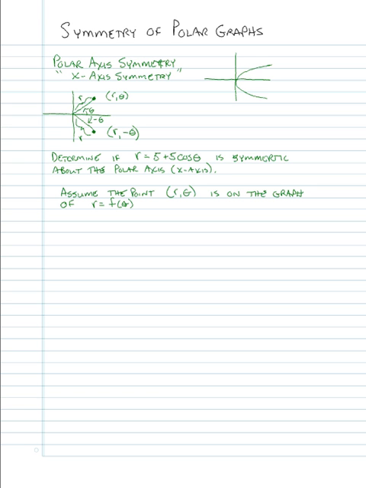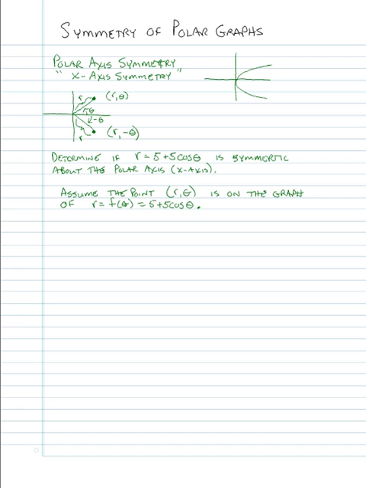Well, in this case, I guess I already had said 5 plus 5 times cosine theta is what we have. So that means exactly what we see there. When we put theta into the function, we get an r out.